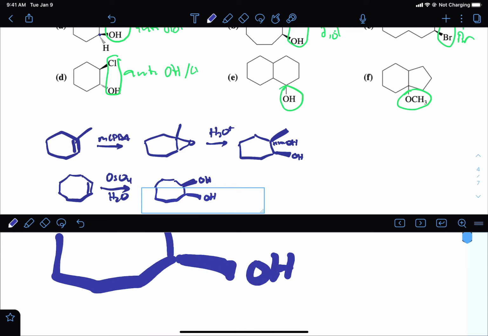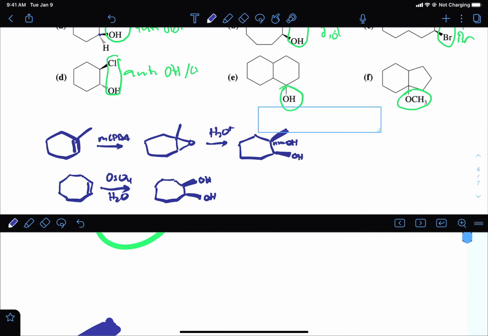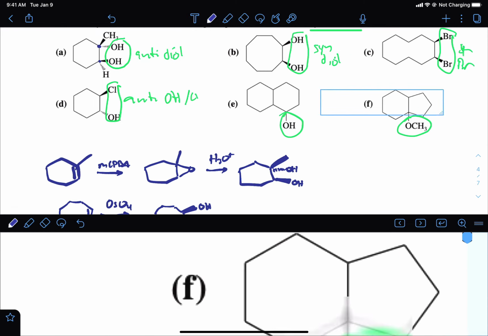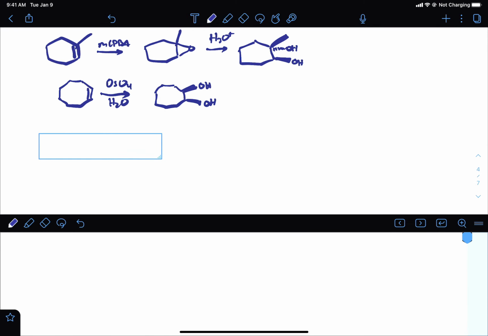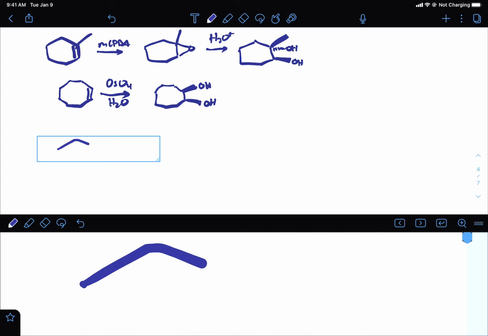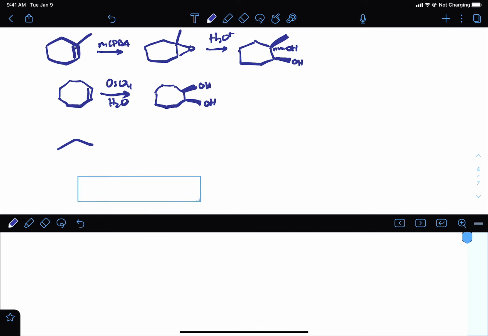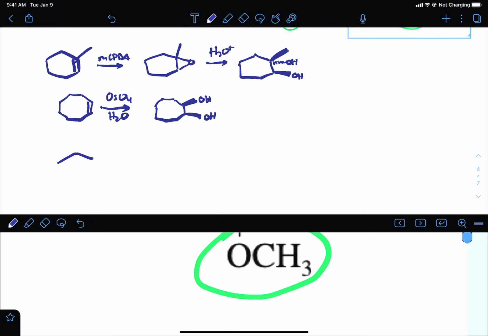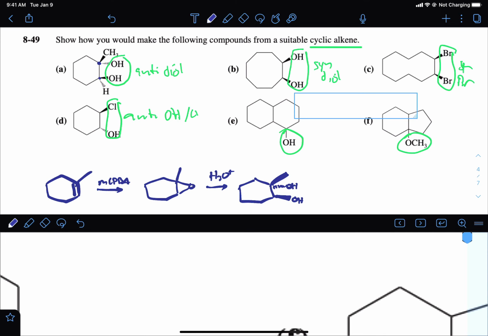Okay, third one. I'm just going to treat this as a 6-membered ring. I'm not going to bother drawing all 10 carbons. But the point is that if we want, was that syn BRs? We not done syn BRs, have we?